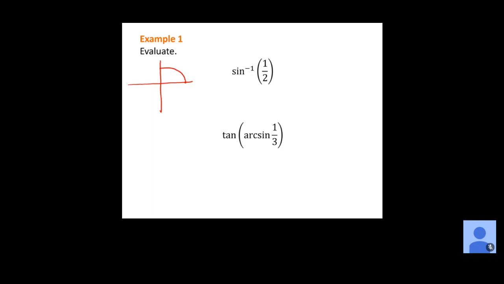Which point would that happen at? Okay, so that would be the ordered pair where the y value would be 1/2. What's the radian measure at the point square root of 3/2, 1/2?